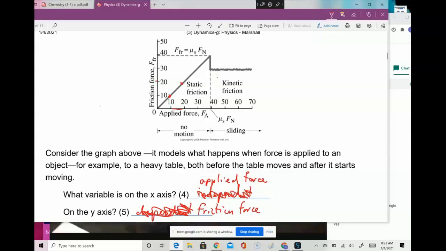And so I know this has to be true. I increase that force to 30 newtons, and the friction force also has to increase to 30 newtons, right? Otherwise, I would have acceleration of the table. And then finally, I increase that force to enough force where the friction breaks.